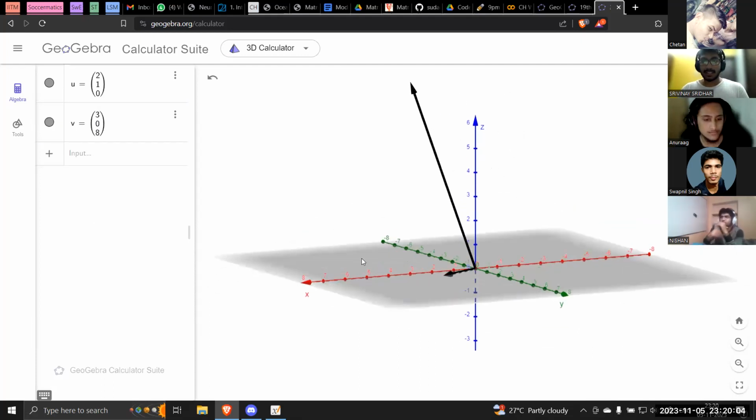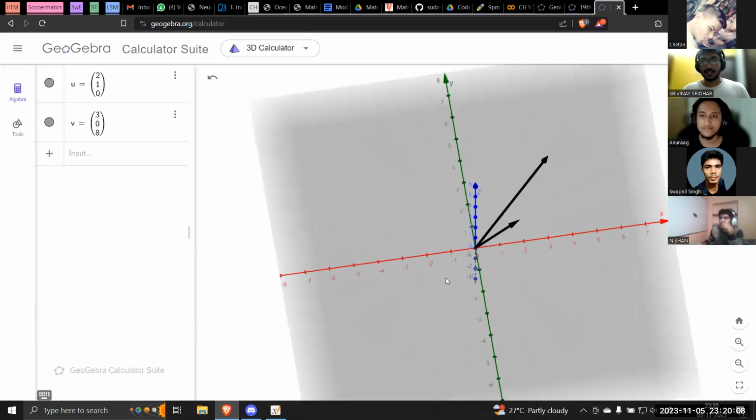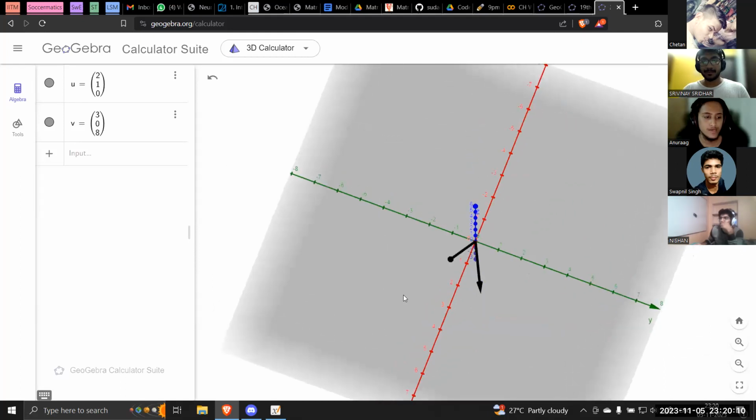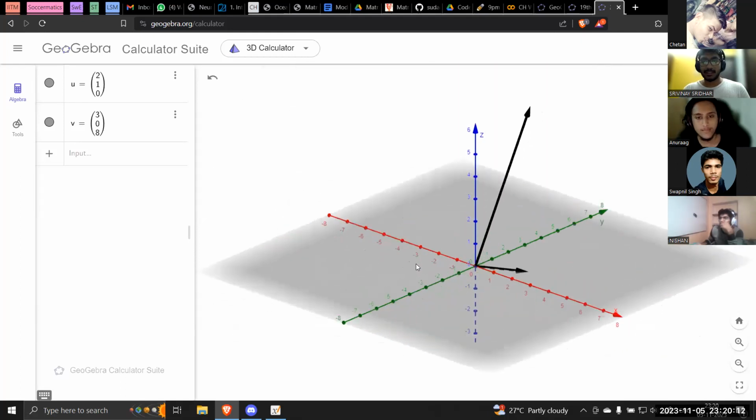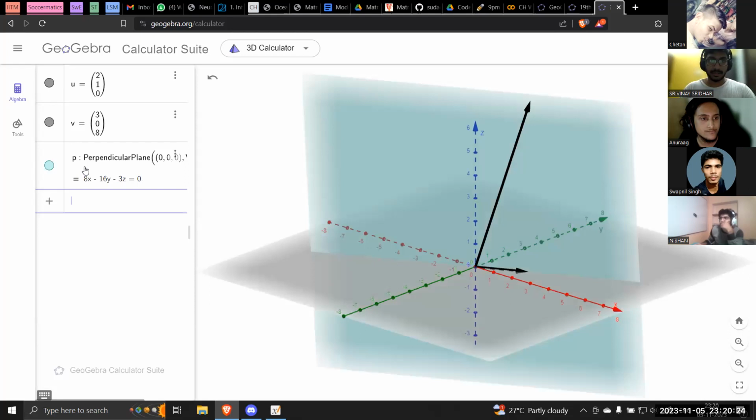And can we see it clearly that they are not scalar multiples of each other? So can we safely say that the linear combination of these two vectors will create a plane? So what I will do is make a plane passing through 0, 0, 0, u and v.